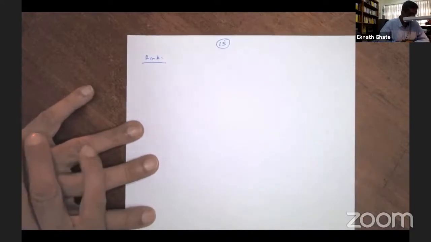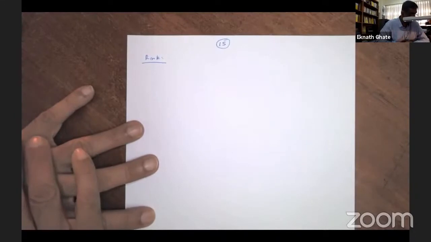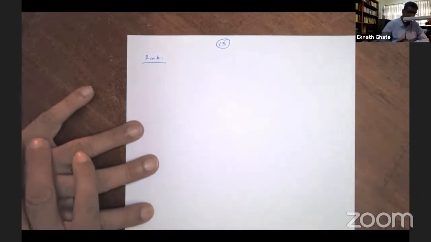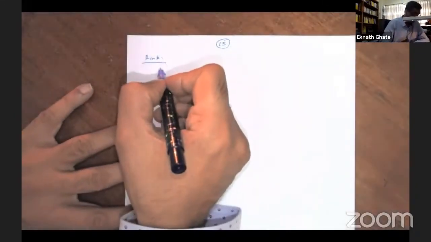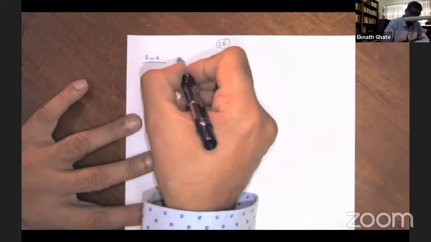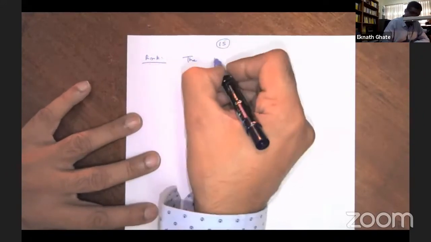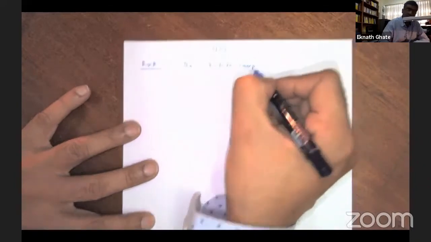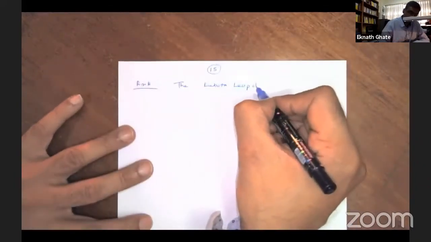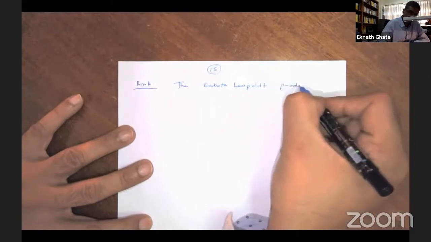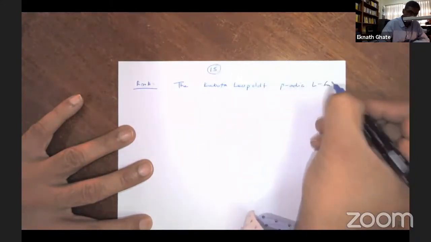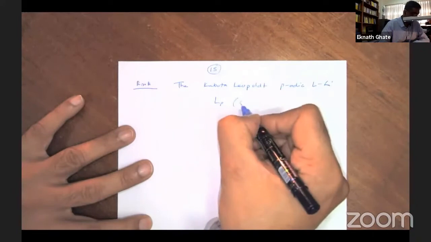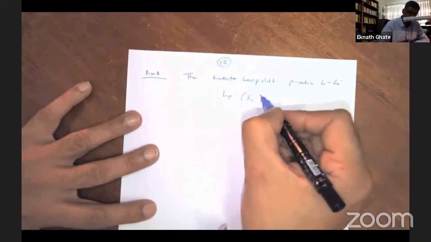So let me quickly recall something about that, so that you have some motivation to read Iwasawa theory a bit more. So the Kubota-Leopoldt p-adic L-function, L_p(s, chi).